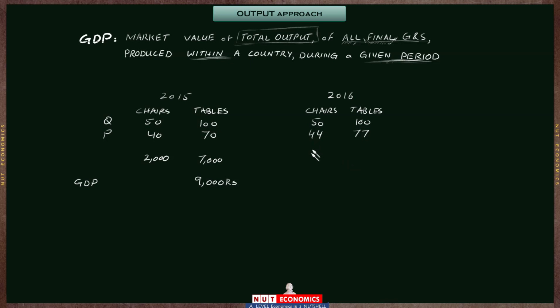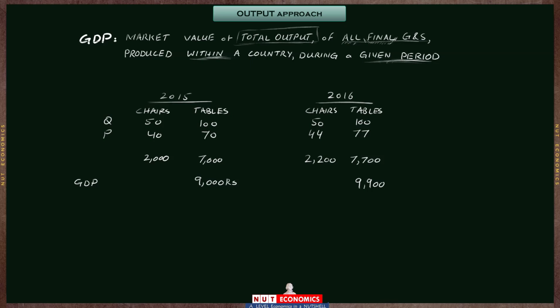Now, if you calculate the market value of chairs, that would come out to be 2,200, and the market value of tables would be 7,700. And if you add the two, you will get the country's GDP in the year 2016. So that is what we mean by a given period of time. This is usually 1 year's period.